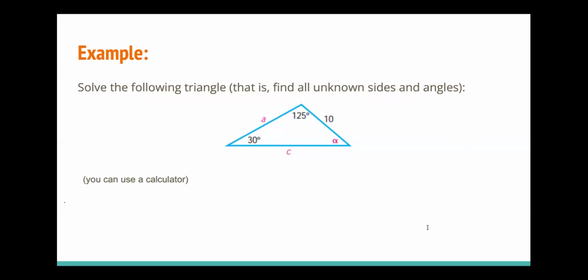Also, please round to two decimal places.